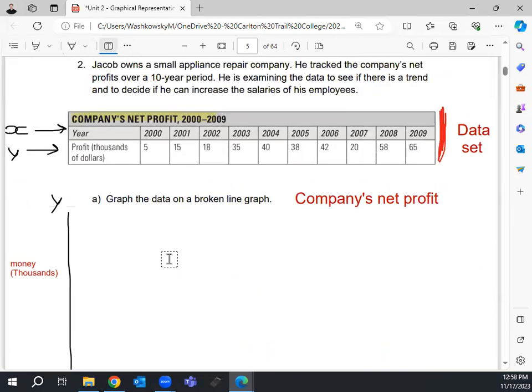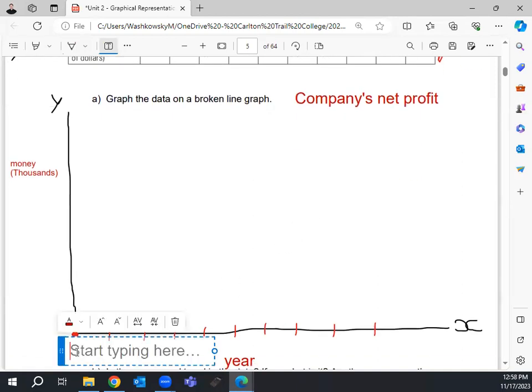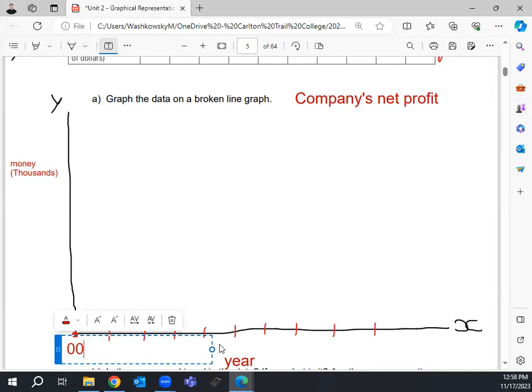So what I'm going to do is I'm going to now put my years in here. So 2000, I'm just going to say 0, 0, right? Just for the sake of space. You could put 2000 if you want, but it's going to be a little cramped. I'm just going to go up for the years for each of these points.